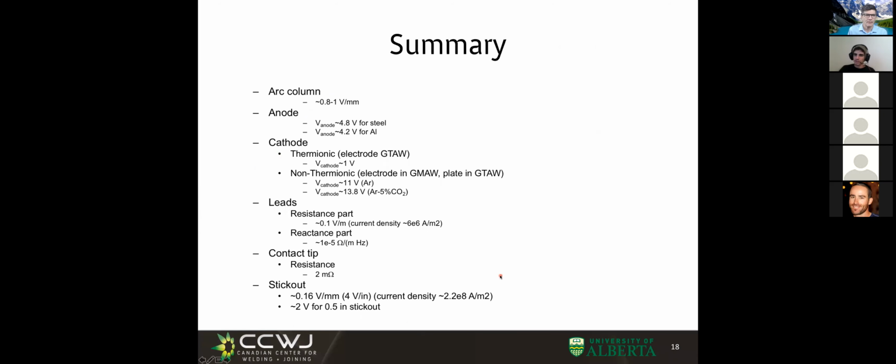This is a similar summary to what we had before, but we expanded it. We have voltage loss in the leads, voltage loss in the contact tip, and voltage loss in the stick out. In stick welding, the stick out is all the distance between the clamp and the end of the electrode, and as we consume the electrode, the stick out is changing.